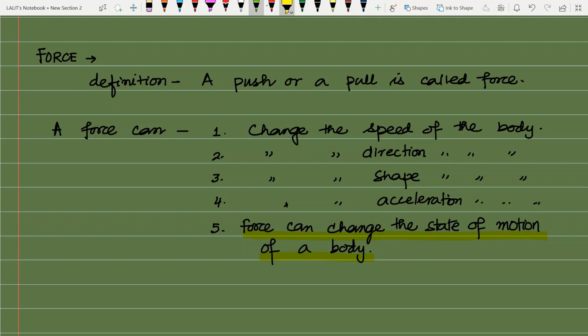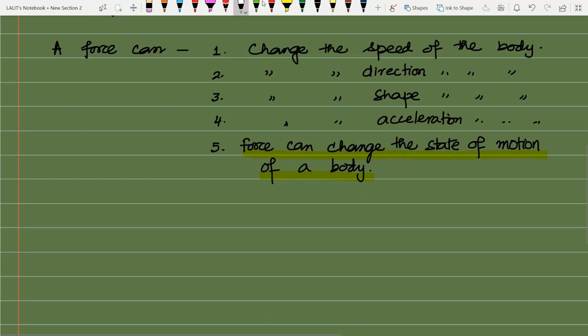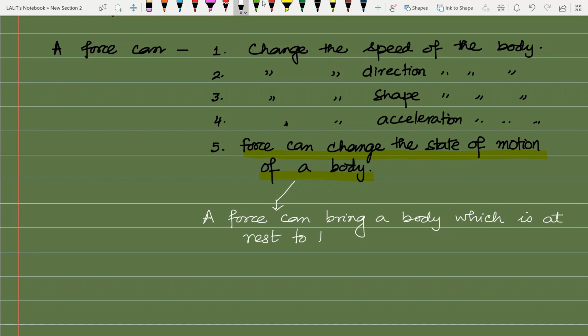If we look at the statement, we mean to say that a force can bring a body which is at rest to the state of motion.